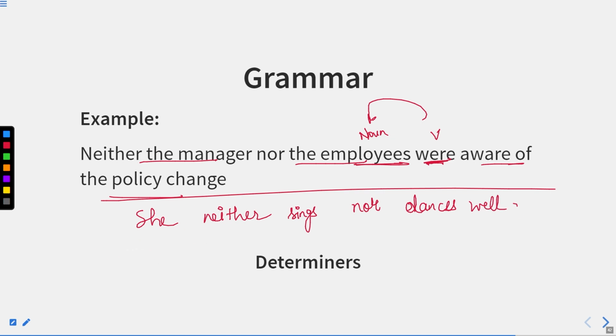Now here you can see that she is the subject and sings depends on this she because this is the nearest subject closer to this verb. So we should keep this in mind that whatever the verb is there, it should be according to the nearest subject. It is possible that we can have verbs as the options, subjects as the options. So it should be kept in mind that verb always depends on the subject.